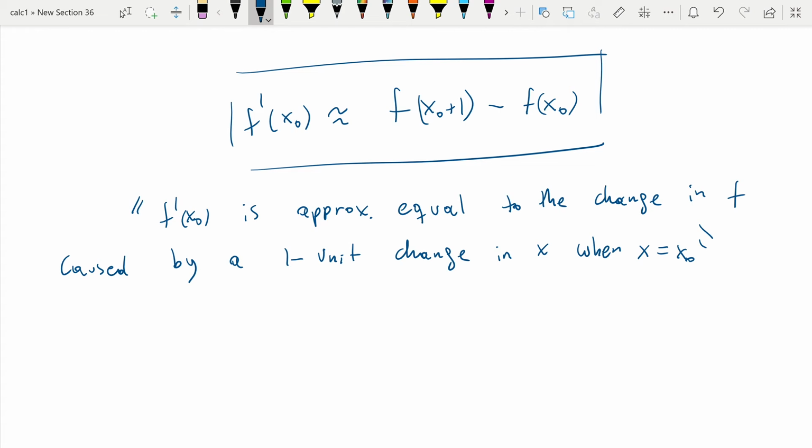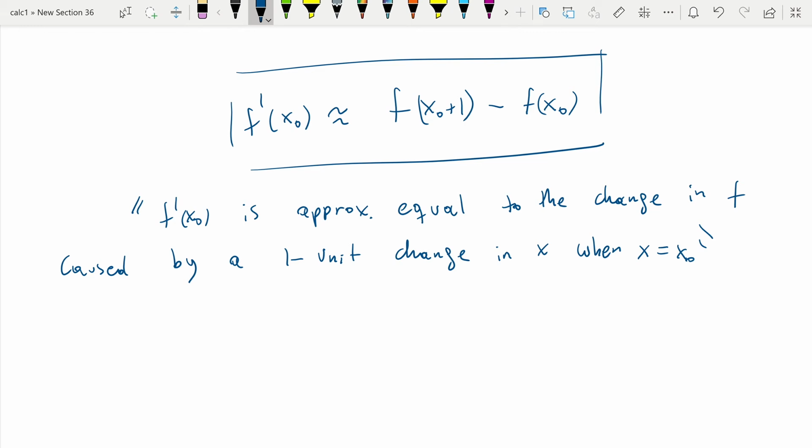This is what's called the marginal cost. So in the economic context, if you are at a certain production level, the cost of producing one more unit, one additional unit at production level, say x naught, is called the marginal cost.